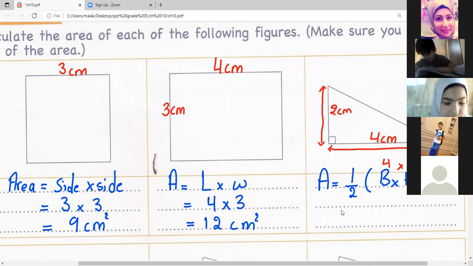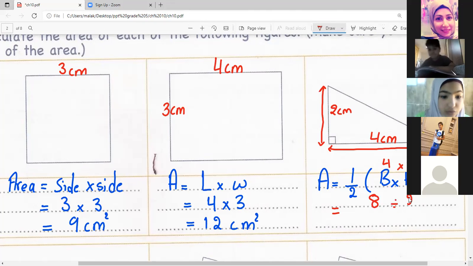Multiply, 4 times 2, how much? 8. Then find its square. Half means we are dividing it by 2. 8 divided by 2, Mariam. 4 centimeter square. Bravo, excellent.